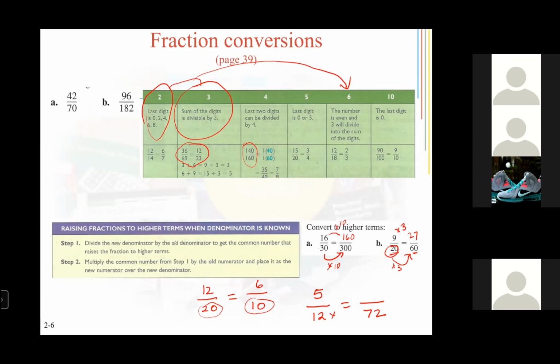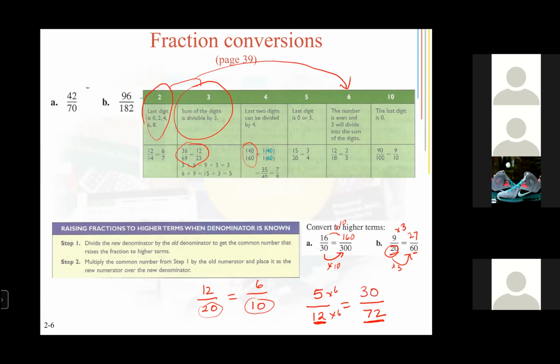We move from 12 to 72. So what are we multiplying by here? 6 12s. Yeah, that's 6. So you're going to do the same thing here. So your numerator will be 30.